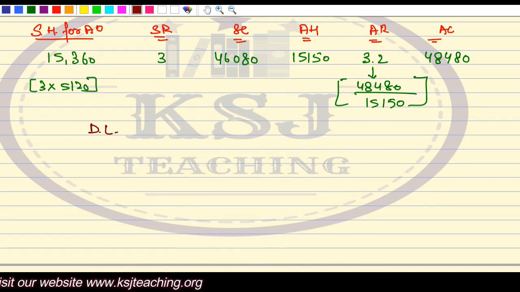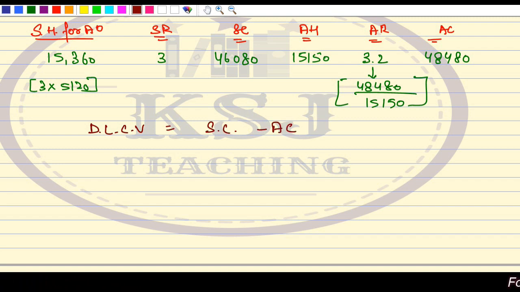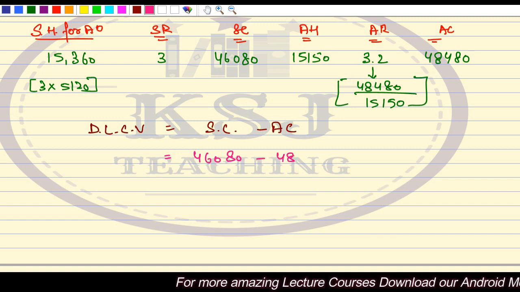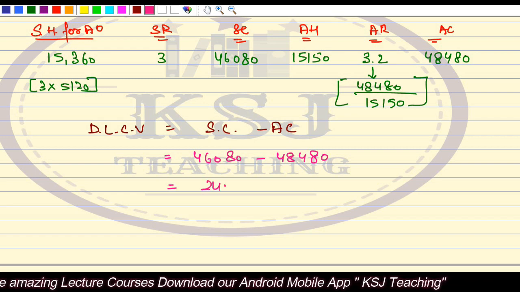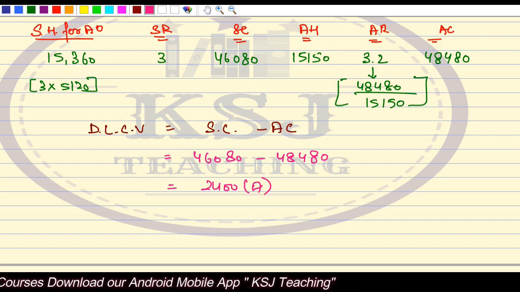That is direct labor cost variance is equal to standard cost minus actual cost. Right? So my standard cost here is 46,080 minus the actual cost, that is 48,480. That comes to 2,400 adverse.